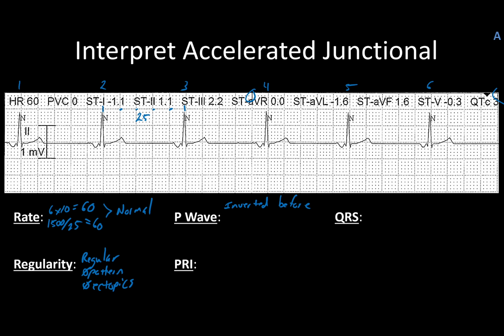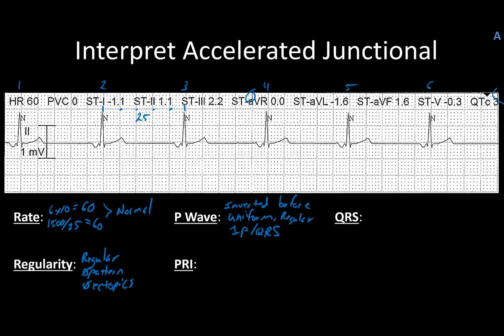Now, they are uniform. I have one P for every QRS, and they're regular, as in they're happening regularly.